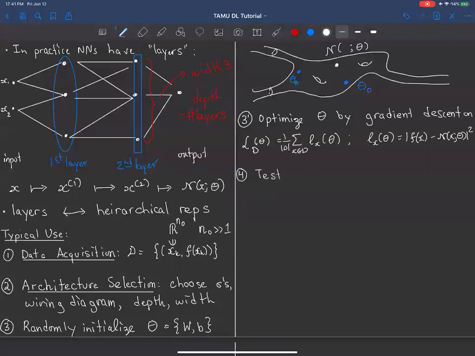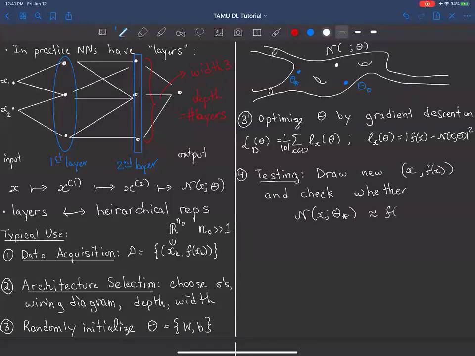Okay, so step 4 was you have to test, which is supposed to mean you draw new points x, comma f of x, that the computer hasn't seen yet, and you check whether you've actually done well, whether your neural network at the trainable parameters you found is approximately equal to f of x.